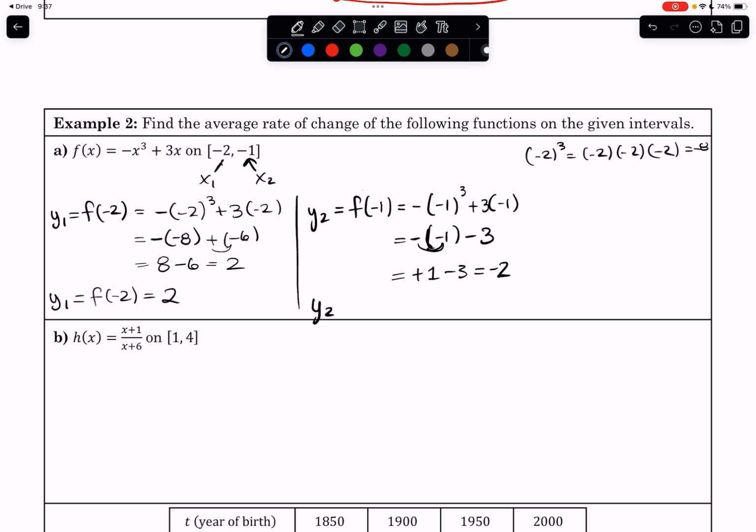So my y2 value equals -2. There, I have all the information I need. I know that my x1 is -2, my y1 is +2. And I know that my x2 is -1 and my y2 is -2.